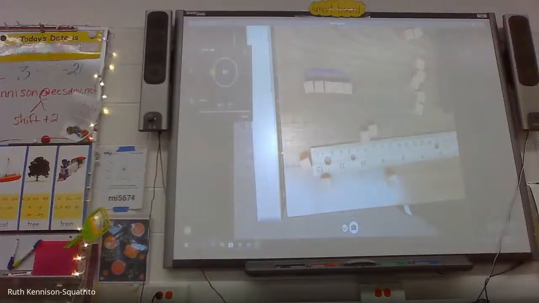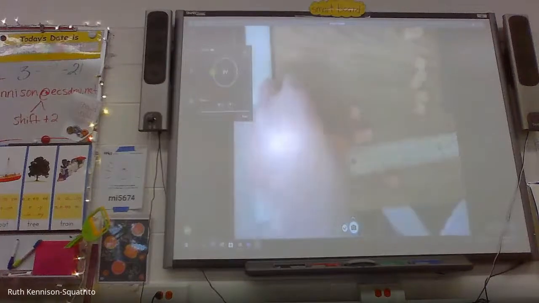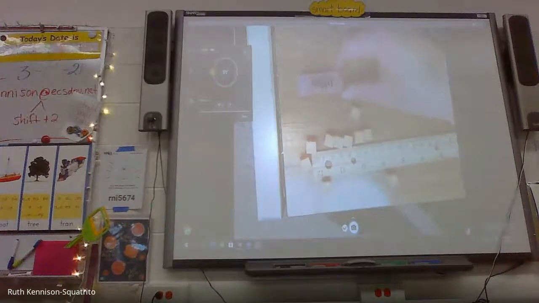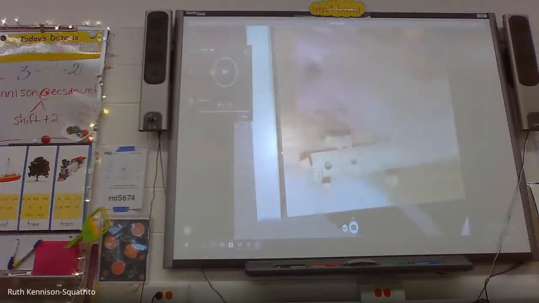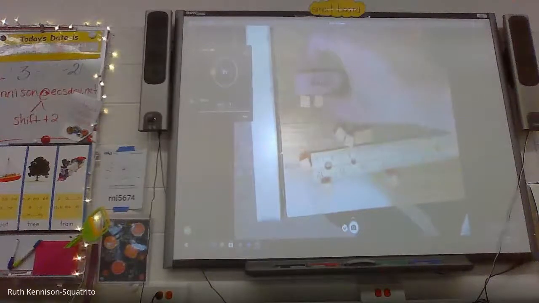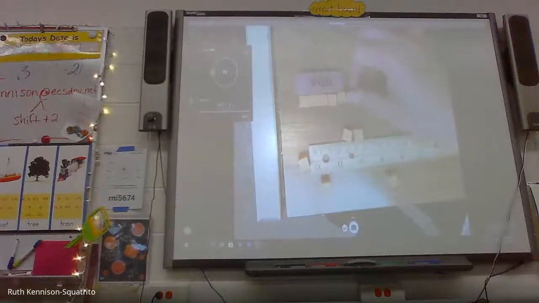I'm gonna measure this eraser. Then there is the paper clip and the marker and the eraser. So 1, 2, 3, 4, 5.